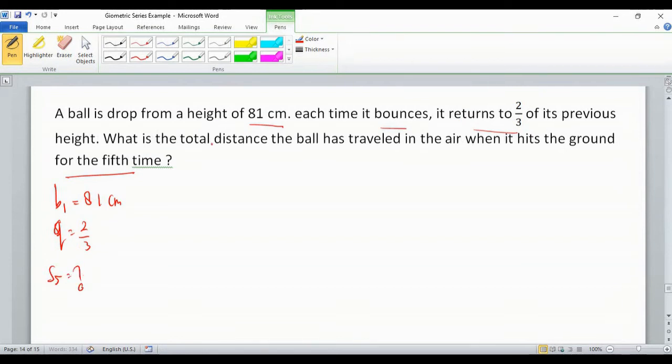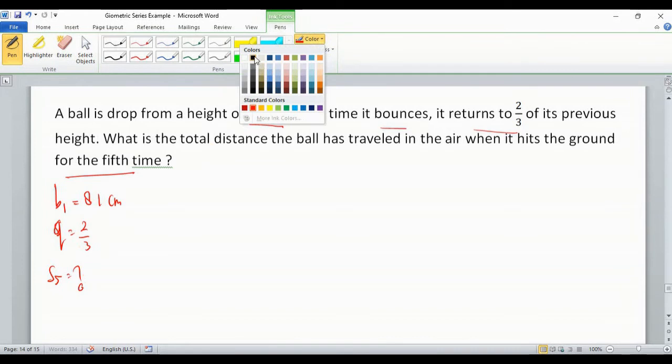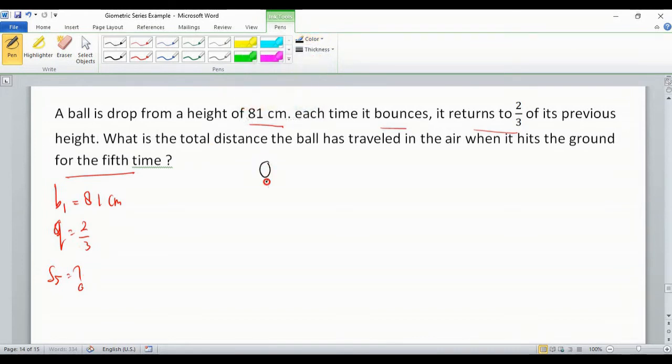Okay, remember the ball, let's say this ball drops to the floor with a height of 81 centimeters, right? And then it returns. When it returns to the new height, it will come back to touch the ground, so this is the same.